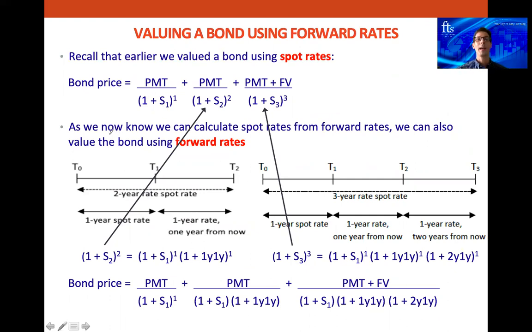Now, as we know, we can calculate spot rates from forward rates like we did a few minutes ago. We can value the bond using forward rates, because the 2-year spot rate, or if we want to be exact, 1 plus S2 to the power of 2, which is the denominator over there, is the same as the 1-year spot rate for 1 year, and then the 1-year rate 1 year from now as well.